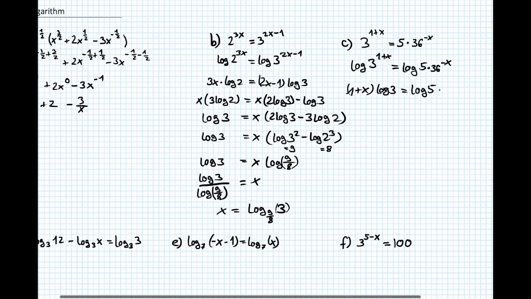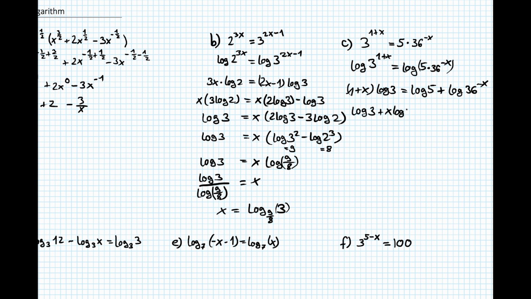So log 5, and then if you have a times inside of the log, you can just write it as plus another log of 36 to the negative x. Alright, now negative x just goes in front as well. And this one will be log 3 plus x log 3 goes to log 5 plus minus x log 36.